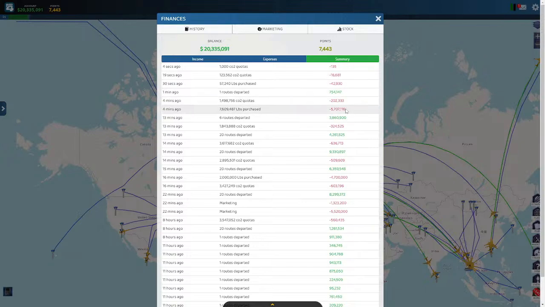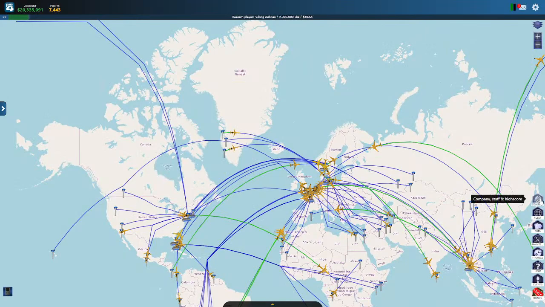So I only paid 60,000 in fuel and CO2, right? That's a good business. I think on that particular plane, it doesn't tell me what plane it was. I don't remember now what kind of plane it was, but it was a long range. So that long range plane makes a good profit, and it will also make profit without marketing for sure.